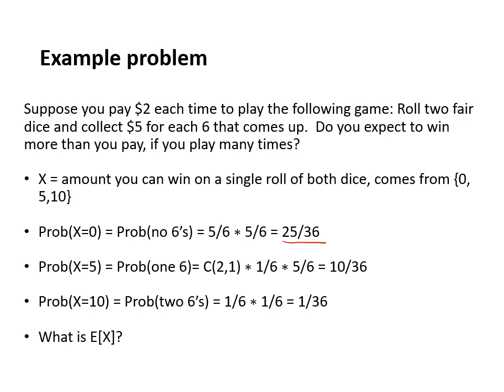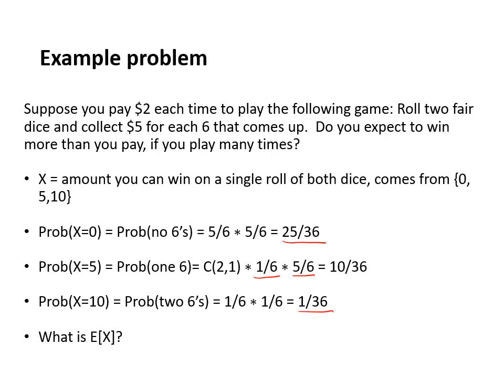So we pick in which place we roll the 6, the first or the second, and then we multiply this with the probability that we roll the 6 and the probability we did not roll the 6. And finally, the probability that we roll 2 6s is 1 over 6 times 1 over 6, which is 1 over 36.